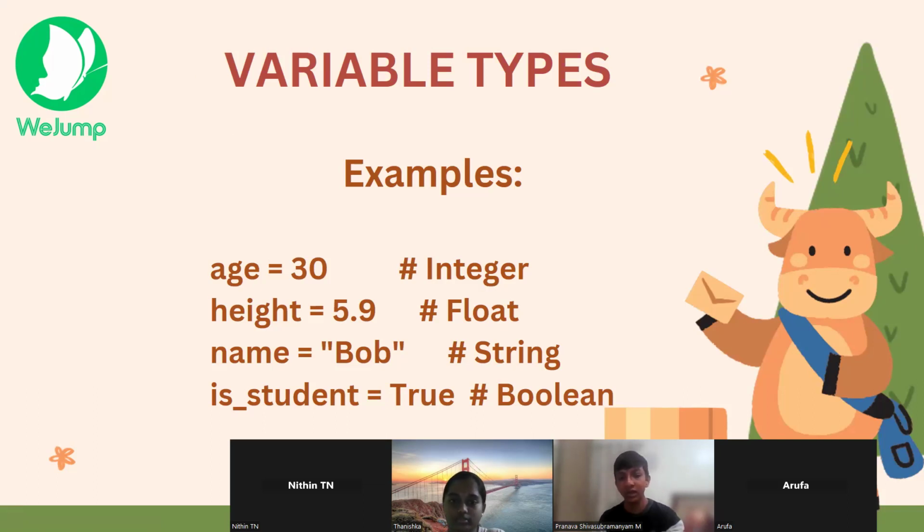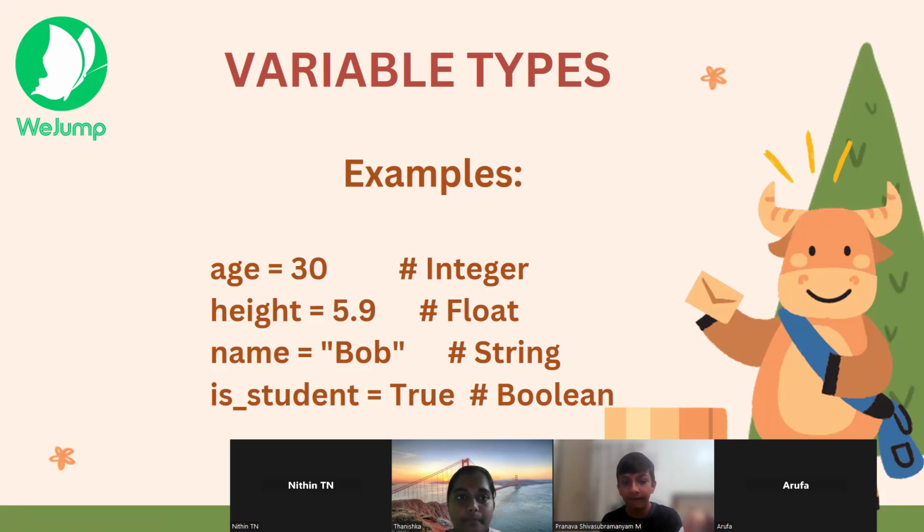If you assign 30, then it's integer. If you assign height as 5.9, we call it float. If you give a variable named name as Bob, then it's called a string.